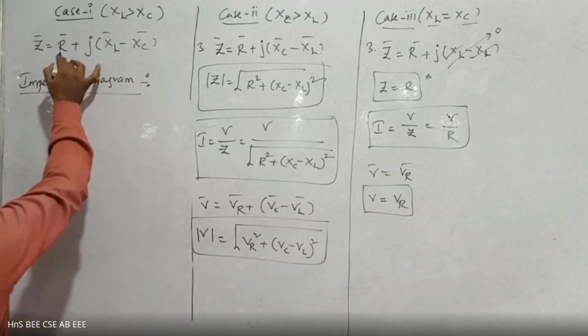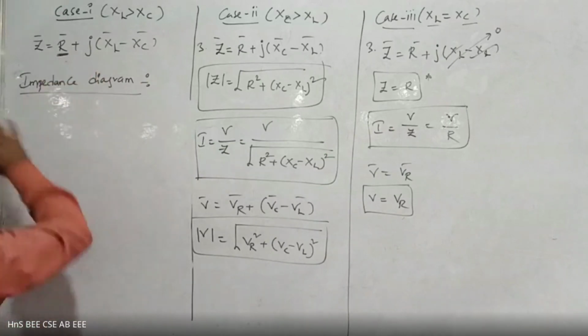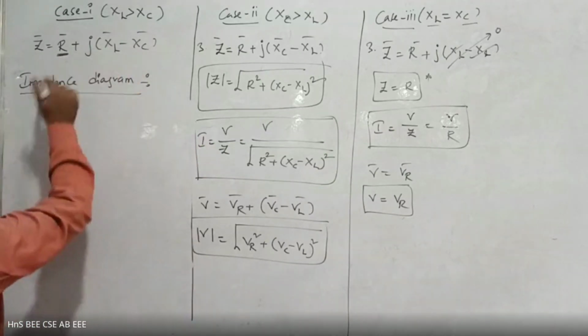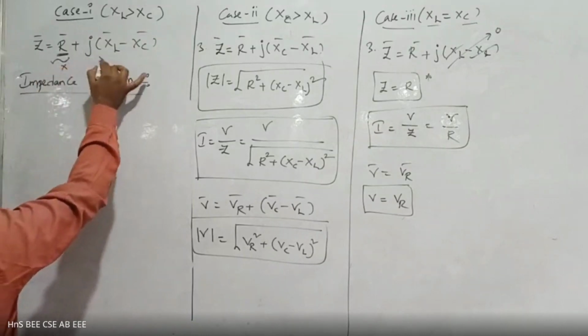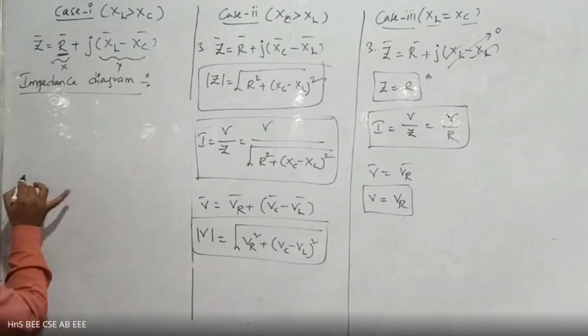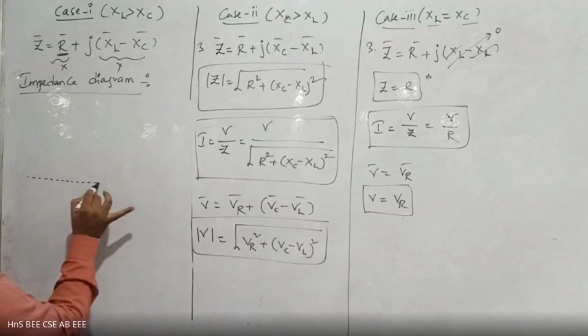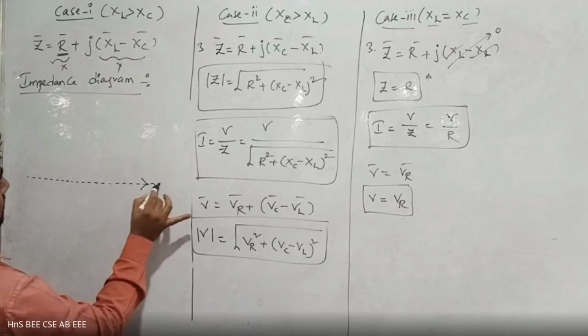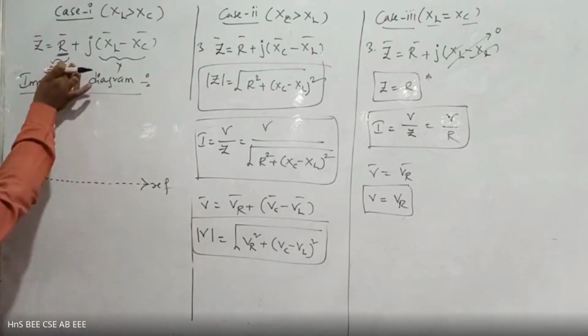Simply this real part is nothing but R, that is x-axis, imaginary part is y-axis. First we need to take some reference line. That reference line is like this, which is x-axis. R is the x-axis.